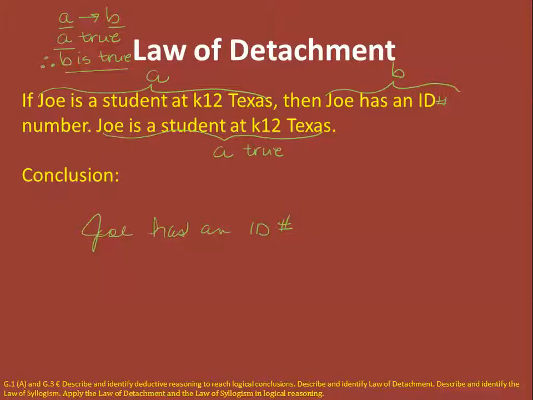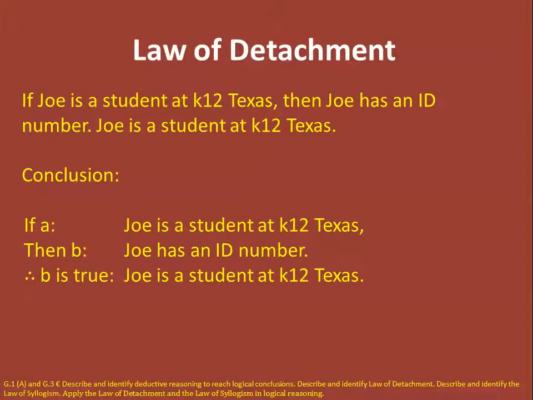Now let's see what my official answer says here. There you go. That's how I wrote it out to help you better understand how the law of detachment works. So you have if A, and remember A is Joe is a student at K-12 Texas, then B, and the B phrase is Joe has an ID number.